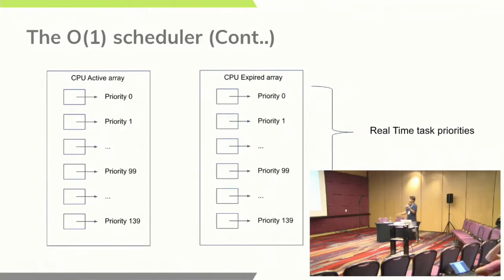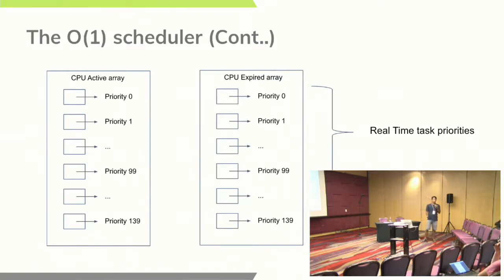If you see this, this is from the run queue of a single CPU. It has 2 arrays, one active array and one expired array. It has 140 entries, and each entry is a linked list for one priority level. For priority 0, this is the linked list. For priority 1, this is the linked list.